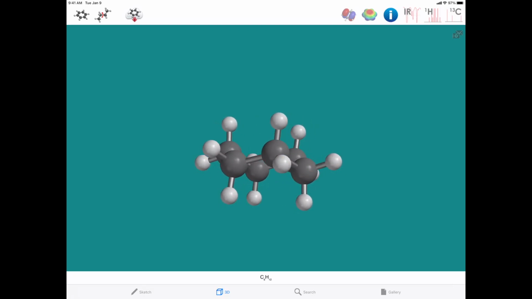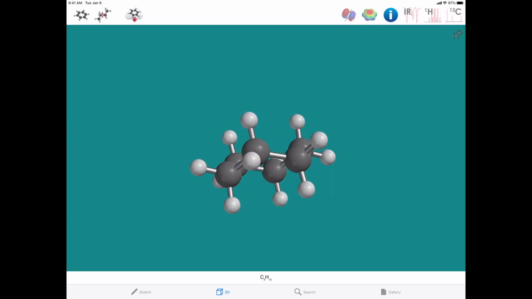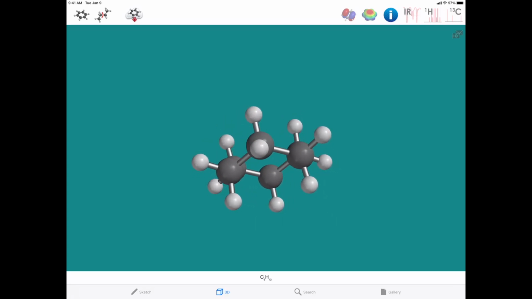So just like we did in the drawing on the other slide, let's look down this carbon-hydrogen bond. And as we do so, here's the carbon in the front. We've got a proton that's down and a proton that's up. And then in the carbon in the back, we have a proton that's up and one that's down, but they are staggered with each other.